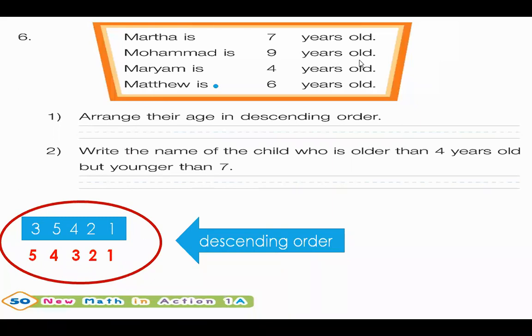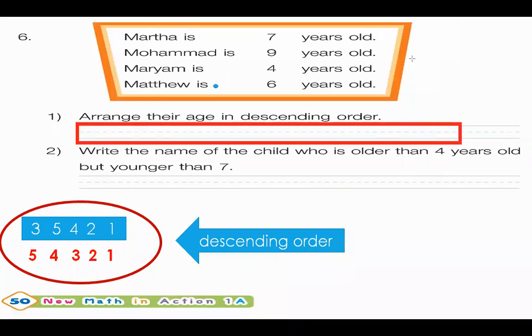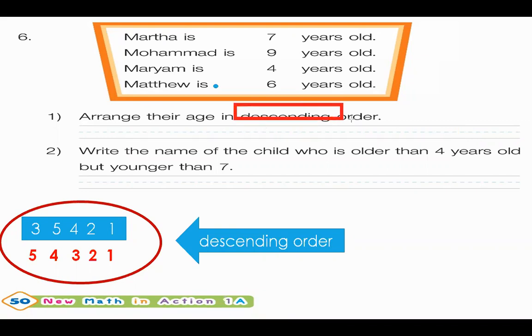Now you are going to arrange these ages in descending order, then write your answers here. Again, for descending order, the rule is from bigger number to smaller number. Big to small.